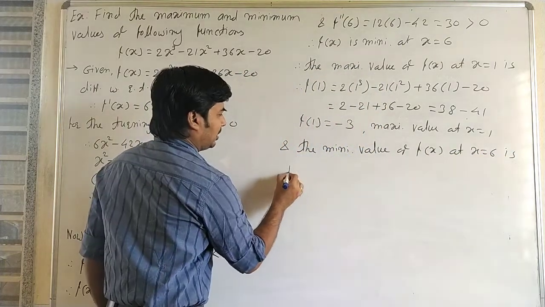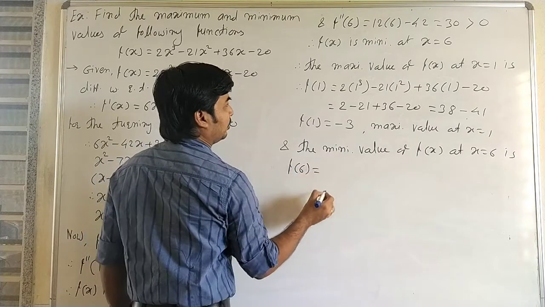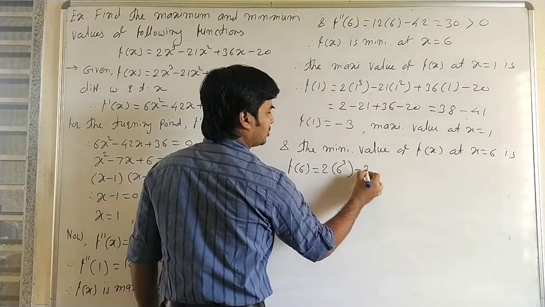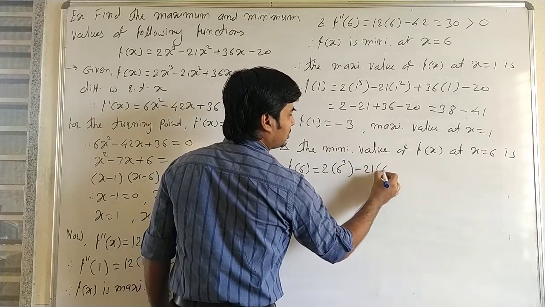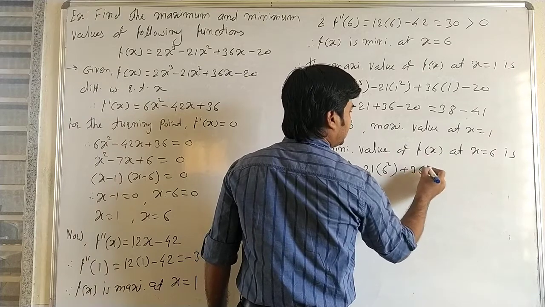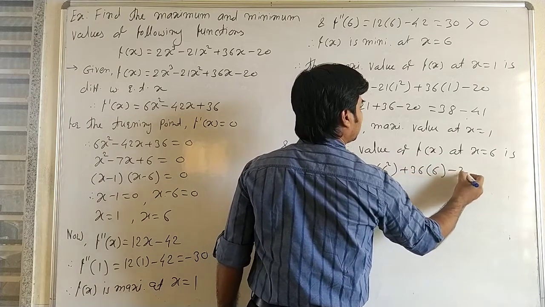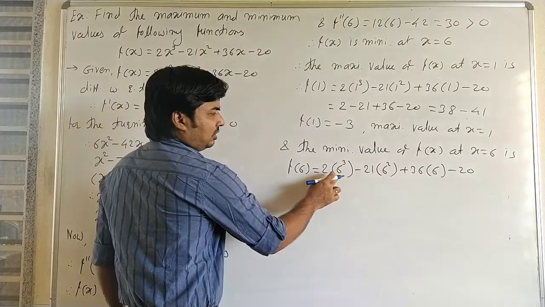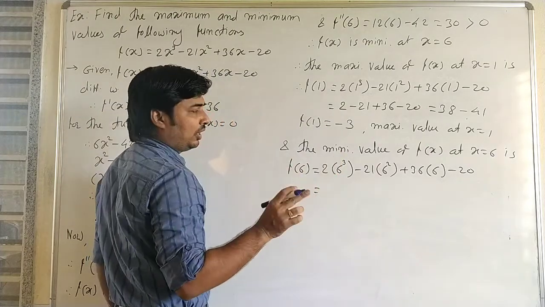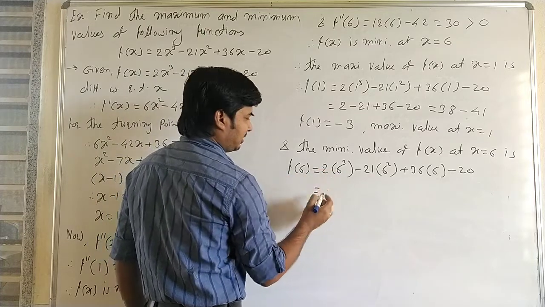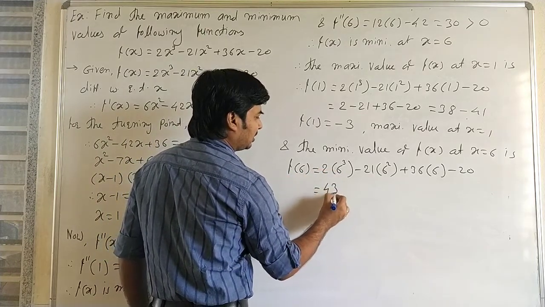Okay, therefore f of 6 is equal to 2 into 6 cube minus 21 into 6 square plus 36 into 6 minus 20. Okay, now calculate. 6 cube is 216, 216 into 2 is 432.